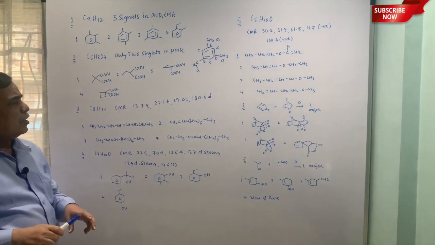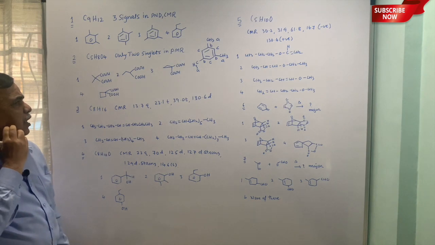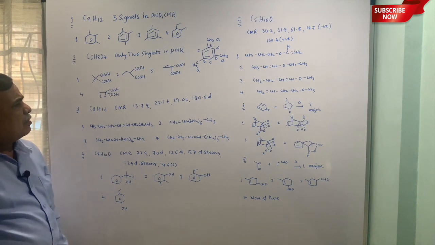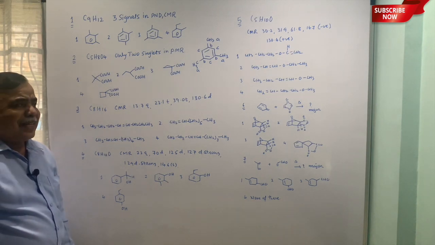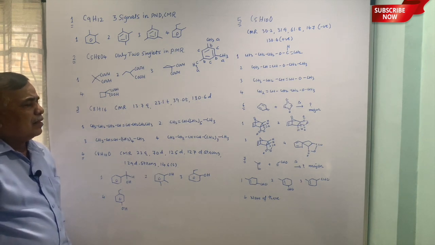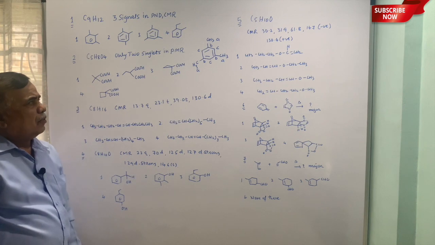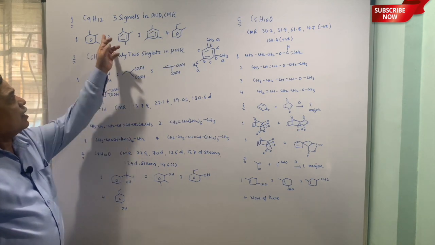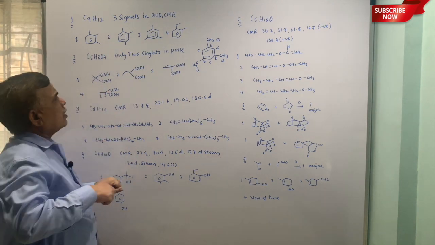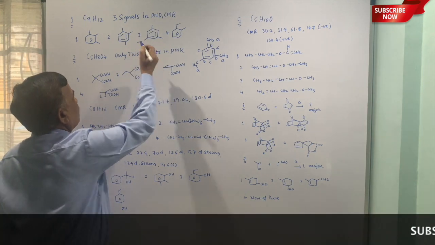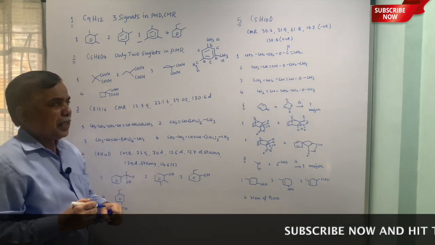In proton noise decoupled spectrum you will get 3 signals, one for methyl, second is for methine, that is CH, and third is for quaternary carbon. So 3 signals. So the correct structure is 135 trimethyl benzene or mesitylene.